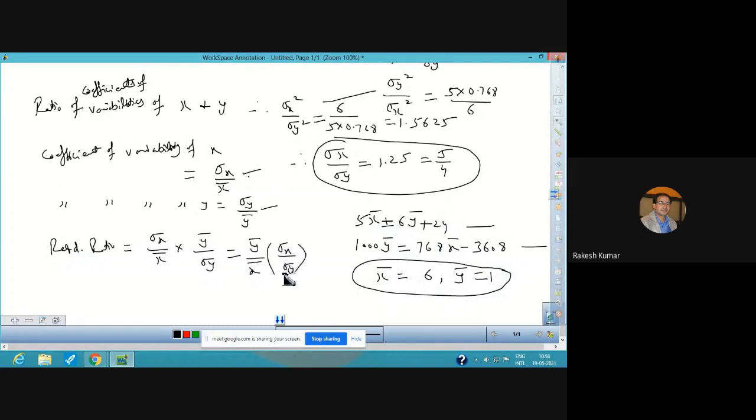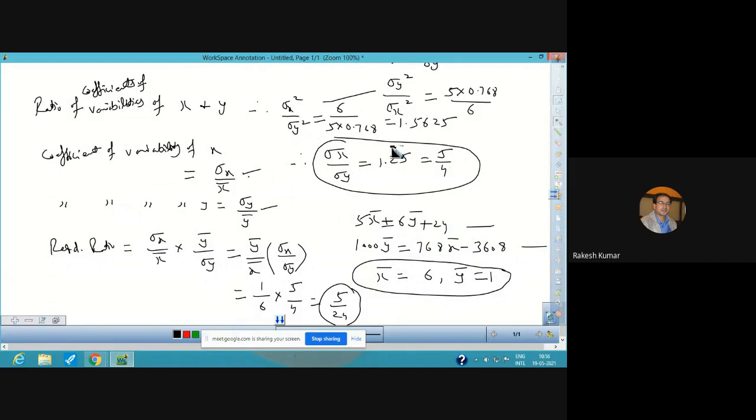Y bar is 1, x bar is 6, and we know the value of sigma x over sigma y, that was 5/4. So this comes out to be 5/24. So this is the required ratio of the coefficients of variability of x and y. So this is another important question.